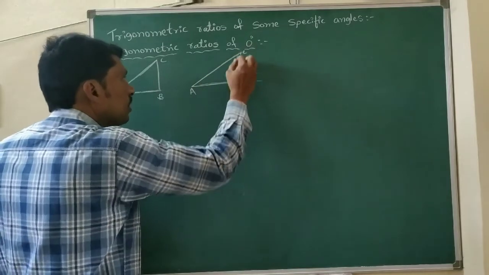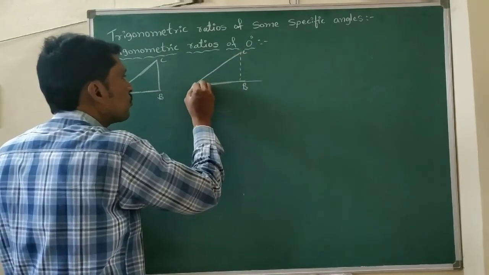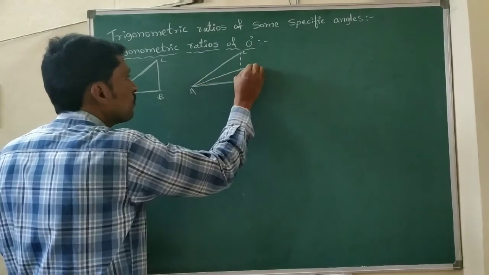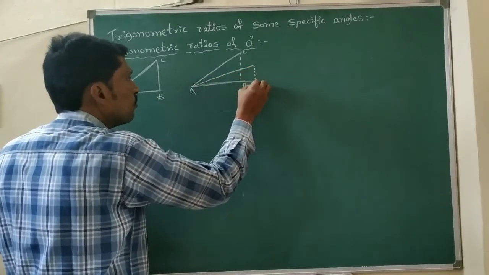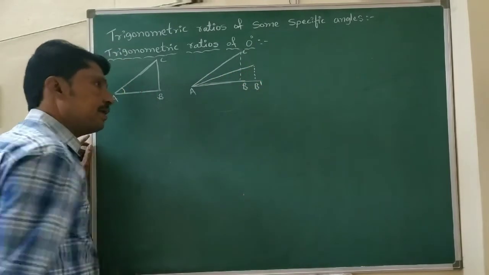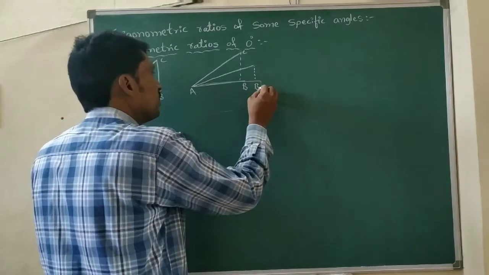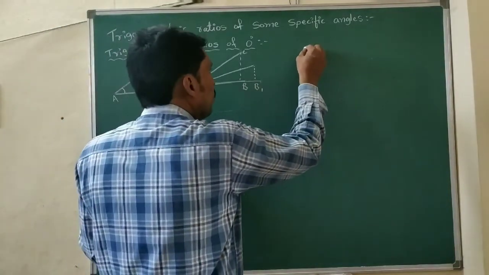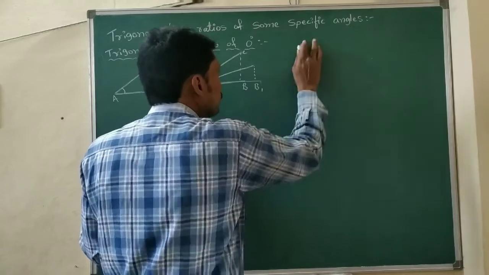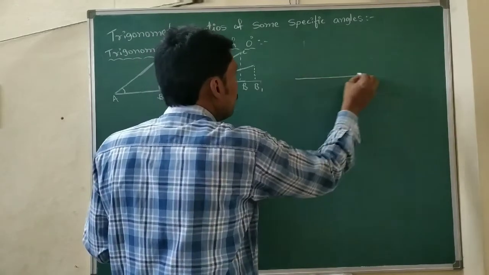We are taking 0 degrees, which means this AC becomes like this, and we are getting B1 or B dash. For 0 degrees, AB stays as it is.